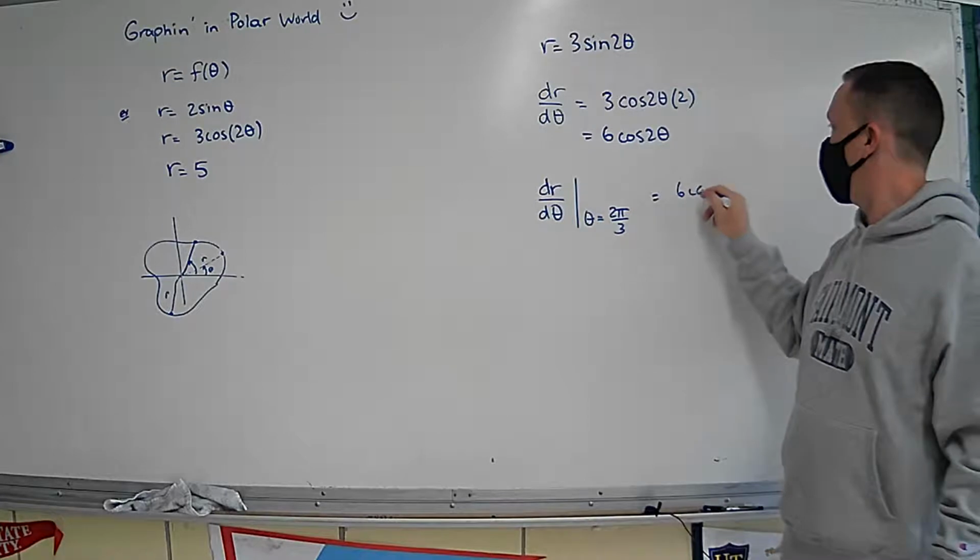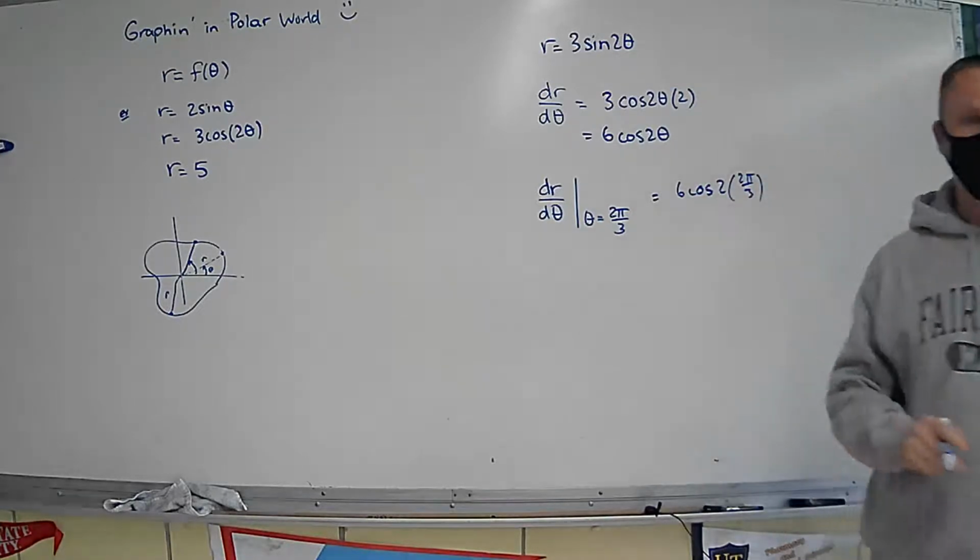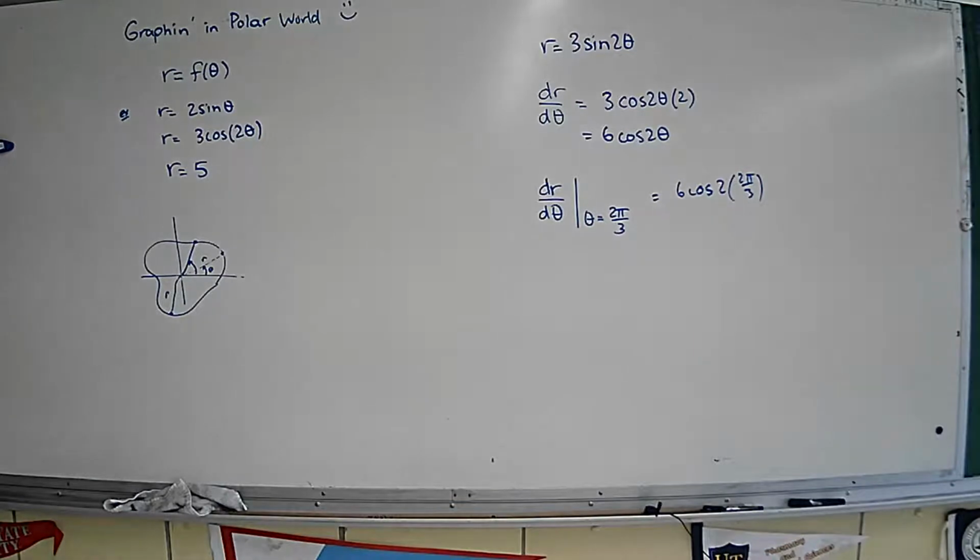Is 6 cosine of 2 times 2 pi over 3 going to be a negative number? Megan's going to check it real fast. What? Negative 3, yeah. Because that was 1/2.